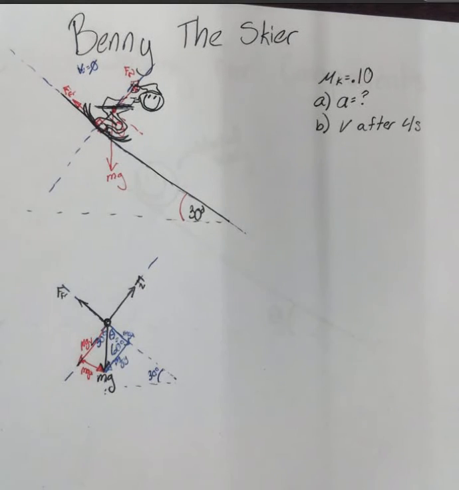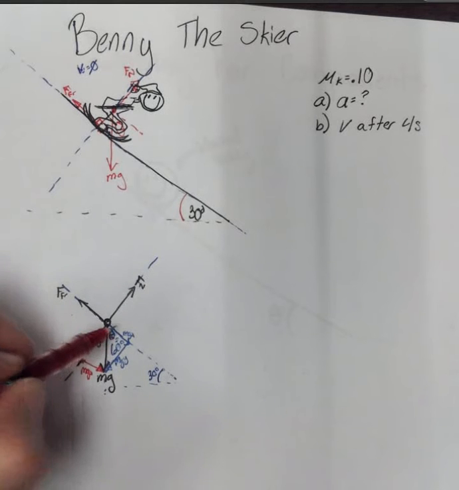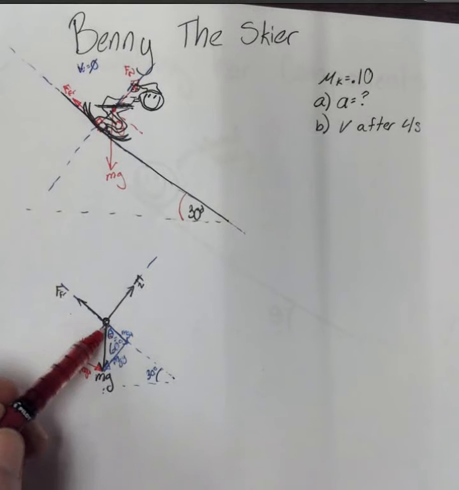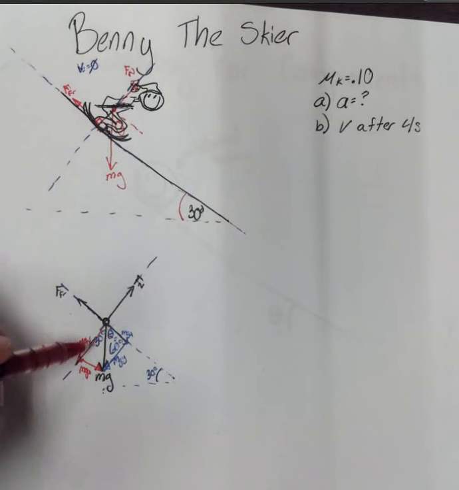So you might ask, why does that matter? And it matters because if you're using this angle of 60 degrees, this angle of 60 degrees is cosine to the x component. But if you're using this angle right here, 30 degrees, this angle of 30 degrees is sine to the x. So it actually makes a great deal of difference which angle you're resolving for.